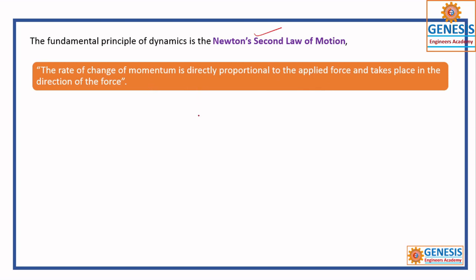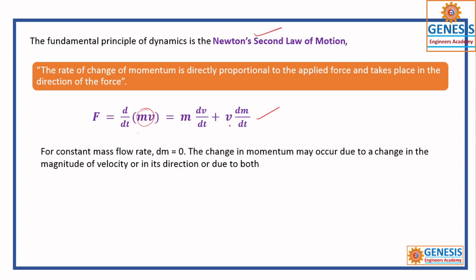That means mv is momentum. The rate of change of momentum is d of mv by dt. If you differentiate this, you will get these two terms. For constant mass flow rate, dm becomes 0.